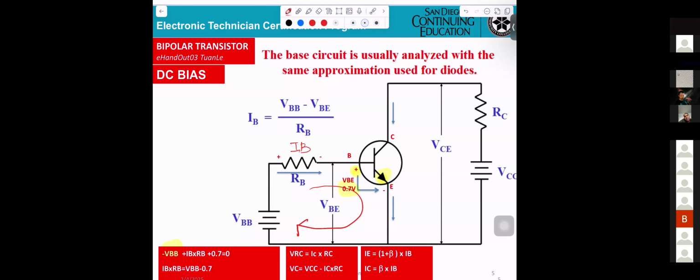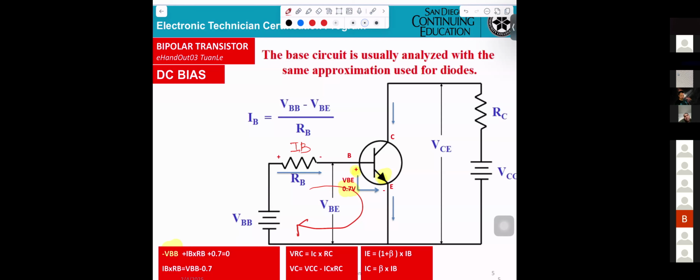When you hit into the voltage from base to emitter, that's 0.7. Plus side, negative side, so that's why you plus 0.7, equal 0. From this formula, you can calculate the current IB.